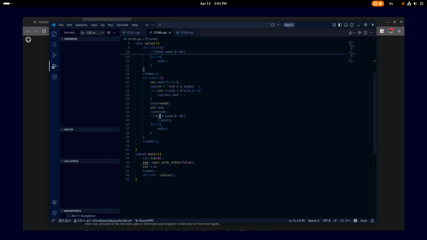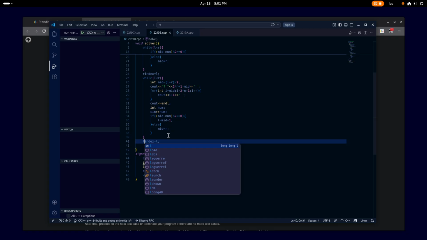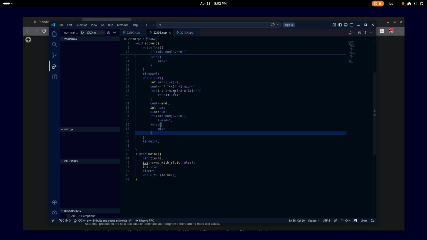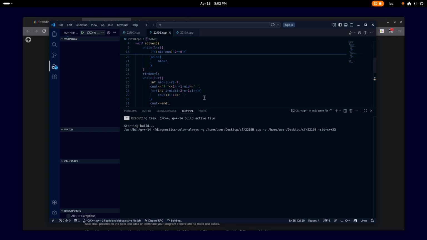Yeah, but this will be left index. I think this works out.